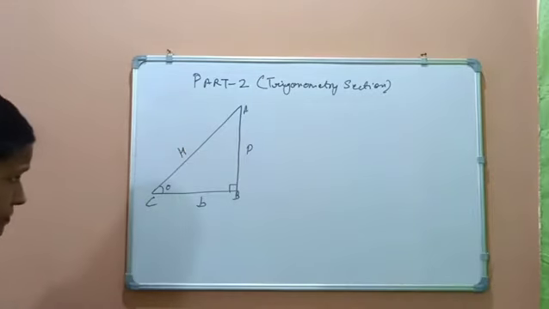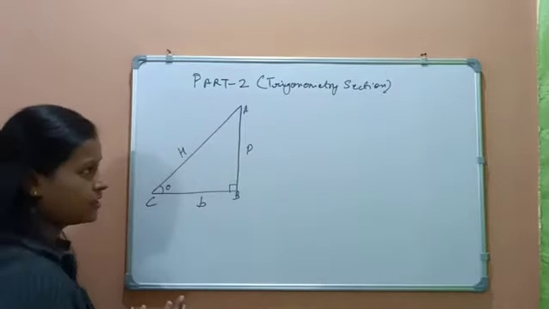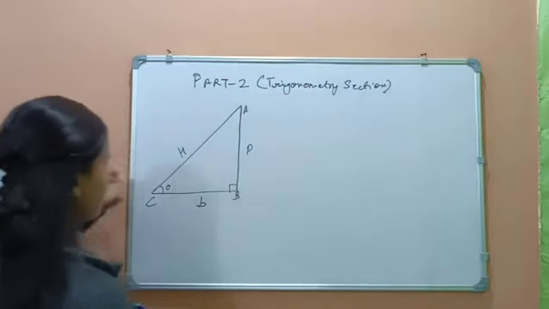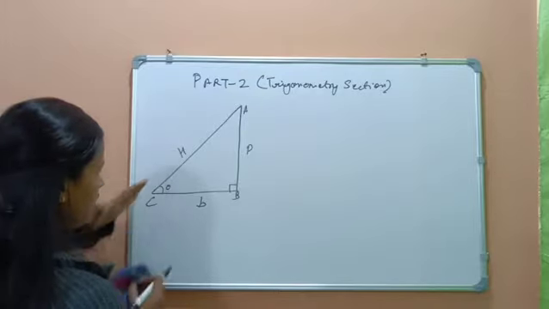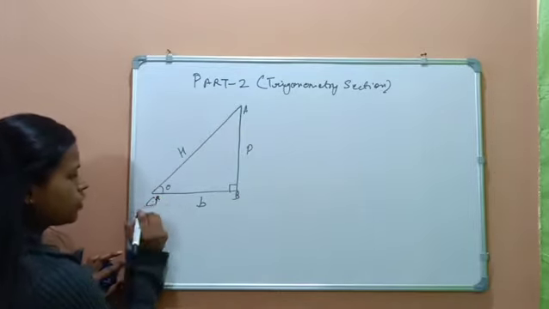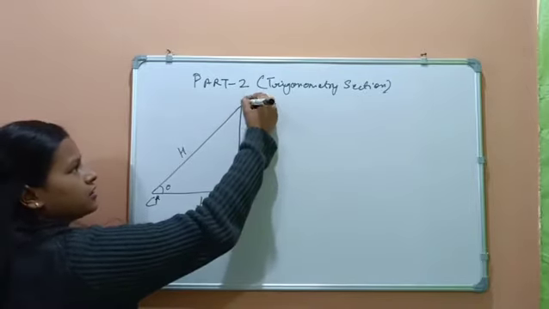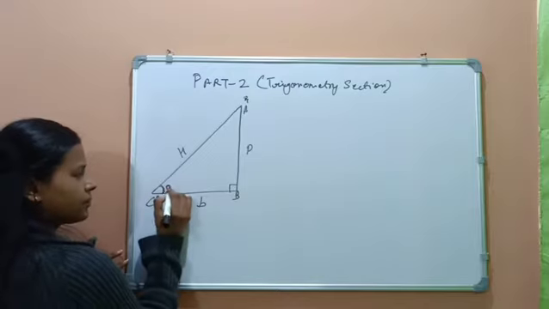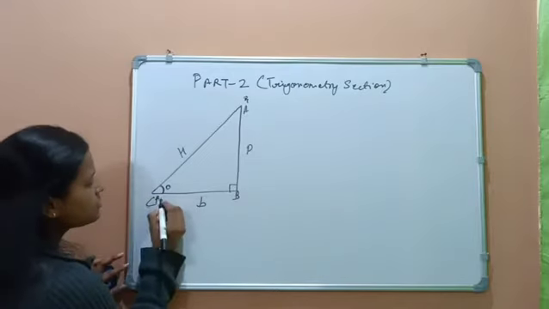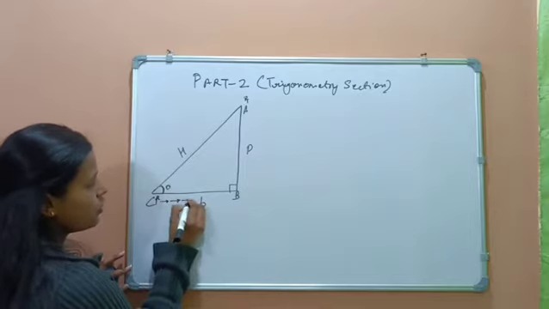Okay. Suppose a person is standing over here, then for the person standing over here, this angle would be theta. Okay. What if this person starts walking?